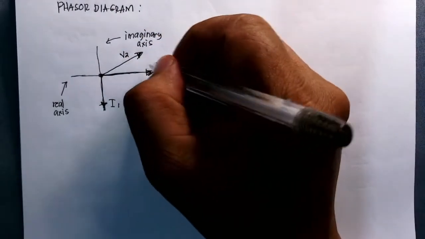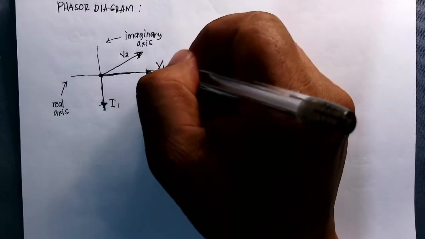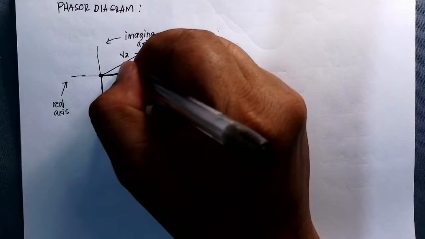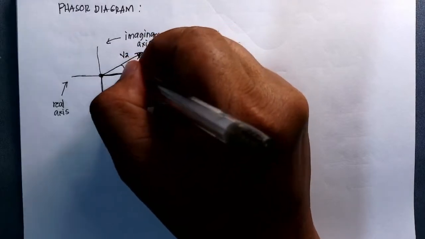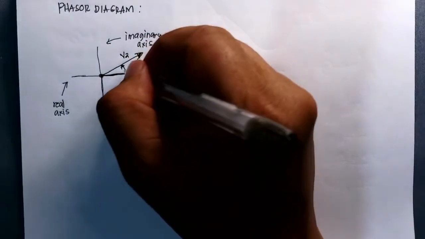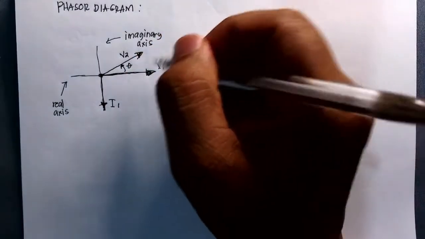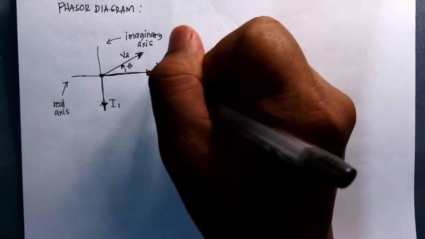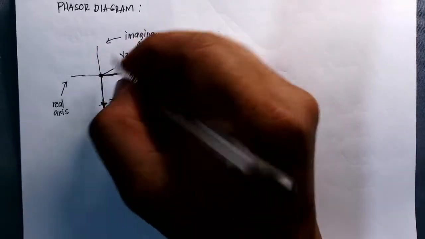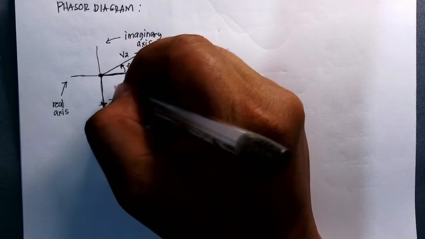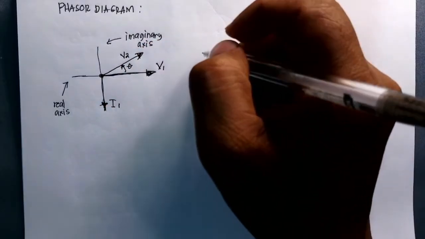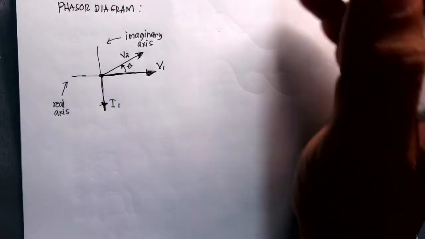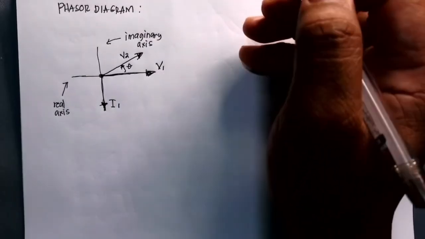V sub 2, with respect to V sub 1 as reference, has an angle of theta, and V sub 1 referring to I sub 1 has a 90-degree angle. So this is how you represent voltage and current as phasors.